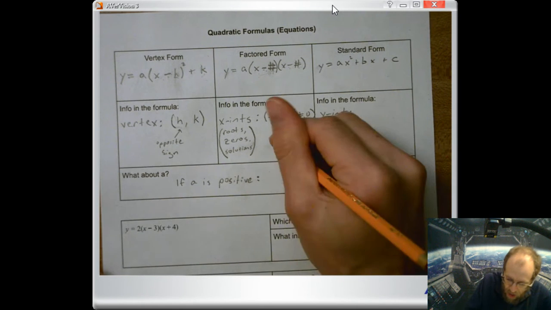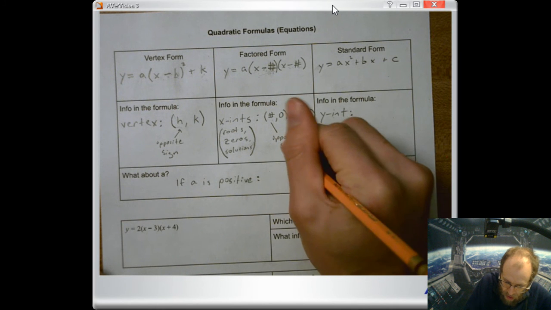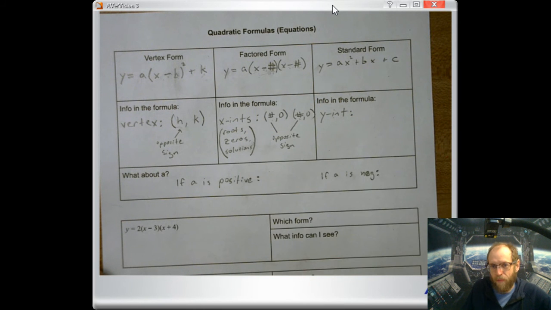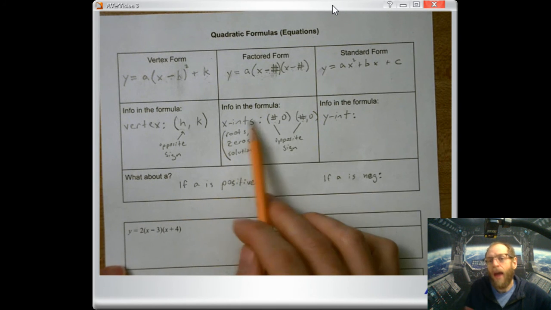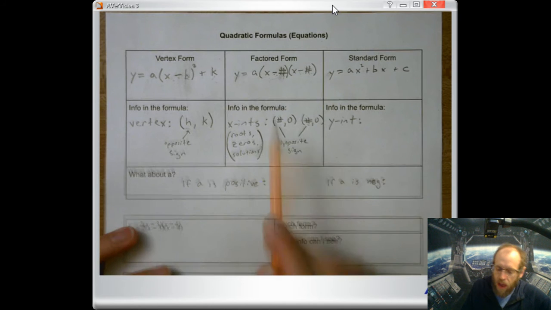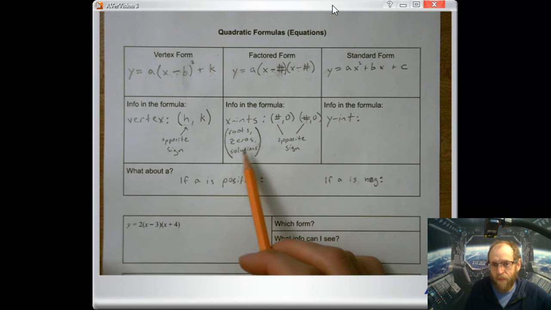So you've always got the opposite sign in the x-intercept that you see in the formula. So factored form helps you find the x-intercepts, also known as the roots or the zeros or the solutions. These have so many names because they turn out to be really important pieces of the quadratic equation.